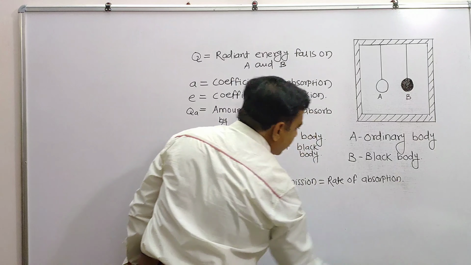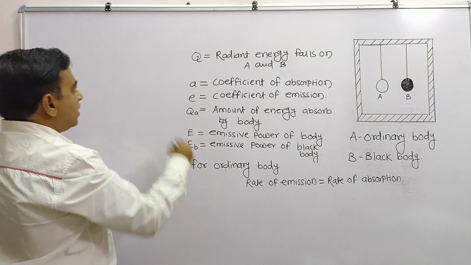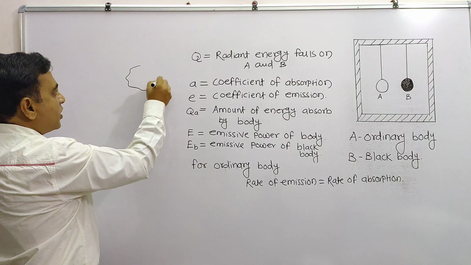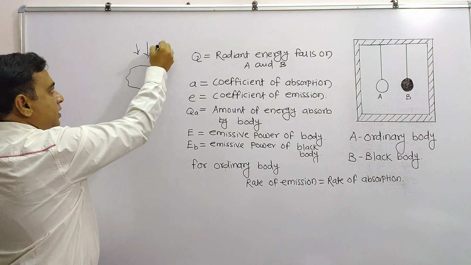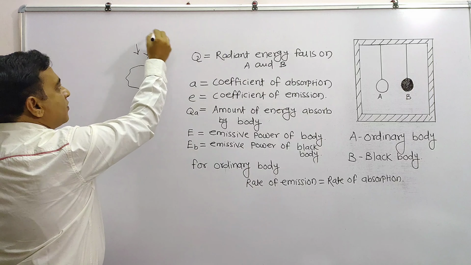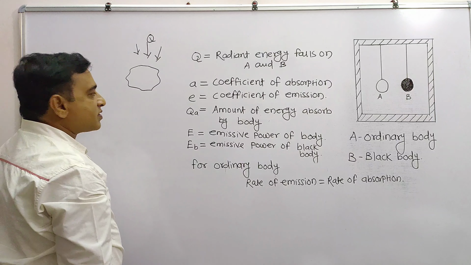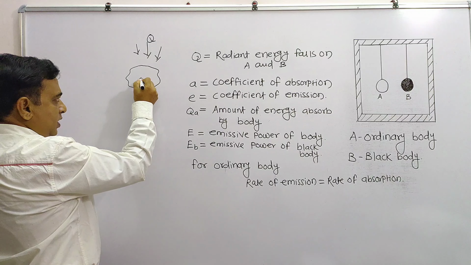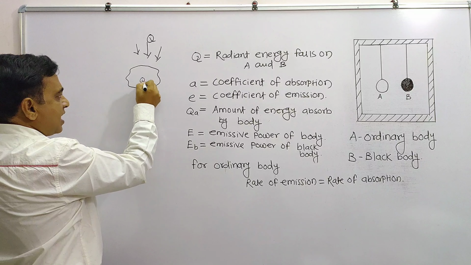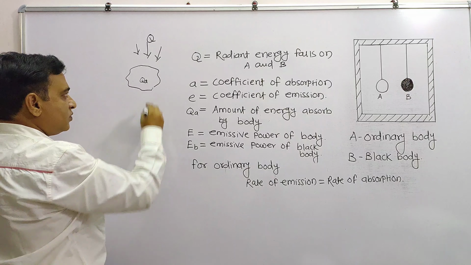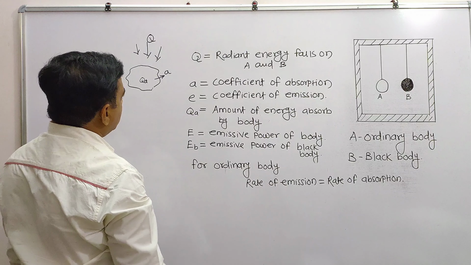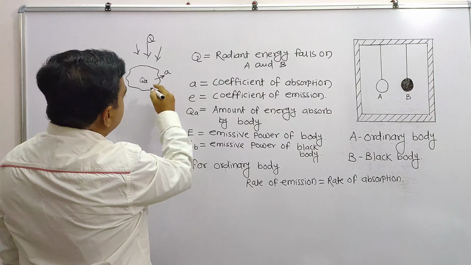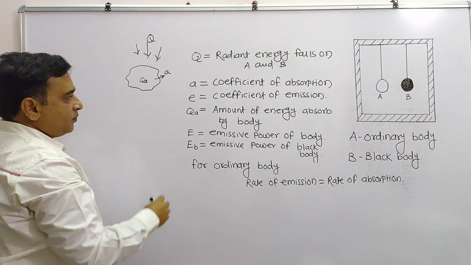How? Let us explain. Here we take one general body of any size and any shape, and let Q be the radiant energy falling on its surface. Let QA be the energy absorbed, so A is the absorptive power or coefficient of absorption of the ordinary body.